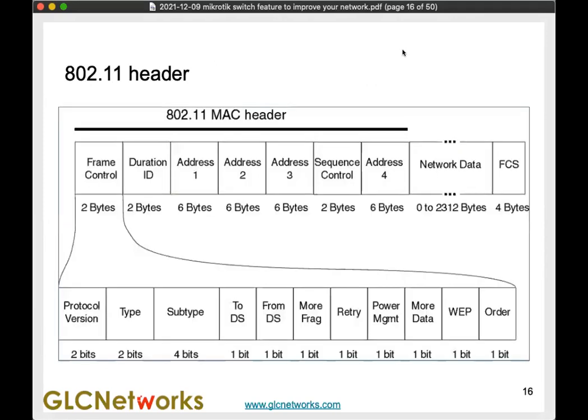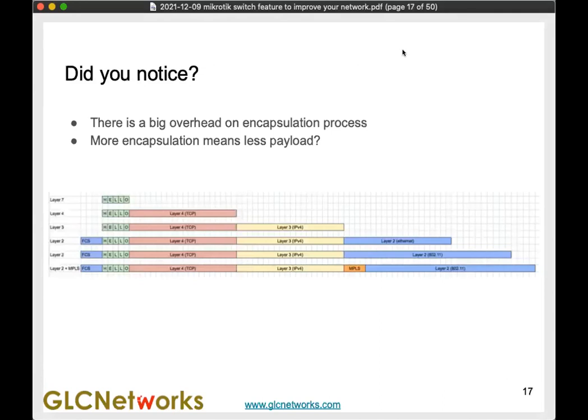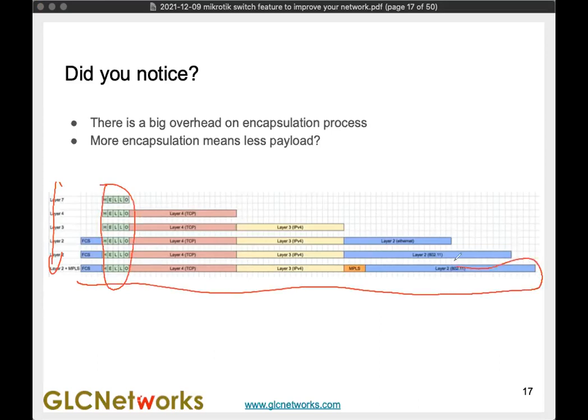And this is another layer 2 header with a different technology for wireless. As you can see, there are lots of encapsulation processes starting from layer 7 to the lower layers. This is what you type: you type only hello, but the actual data that the computer sends is that long.